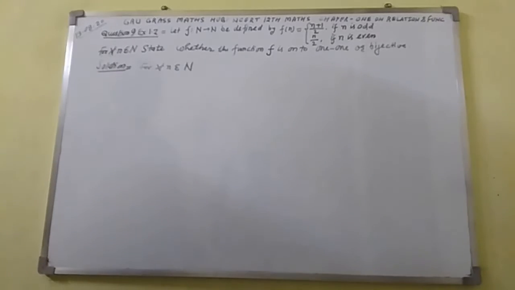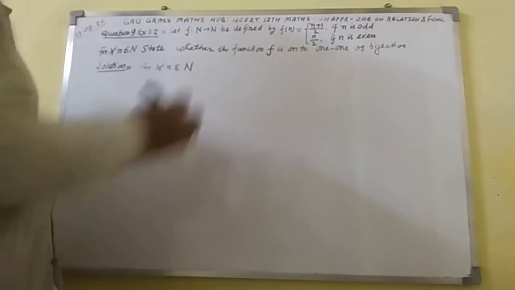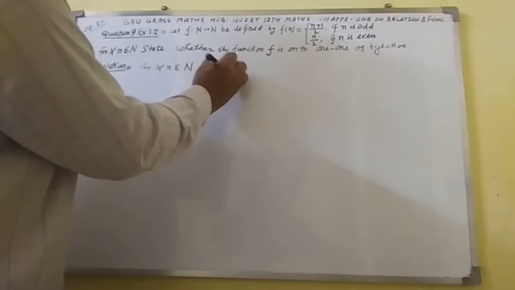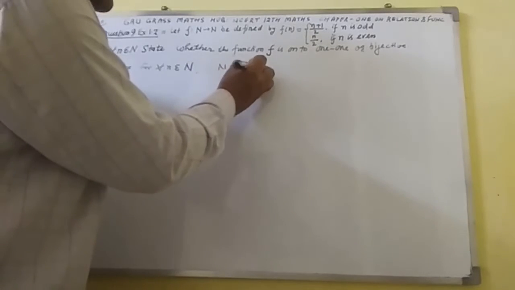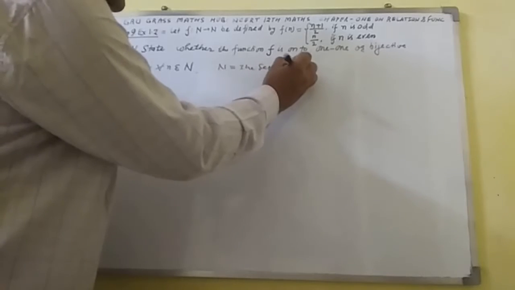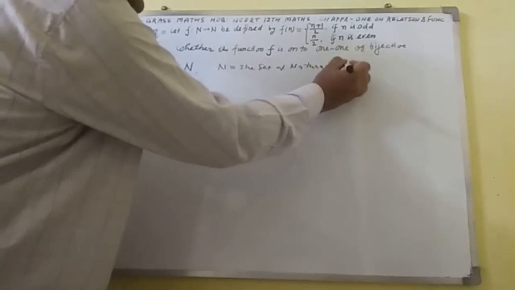This means that here I am going to define capital N. Capital N is the set of natural numbers.